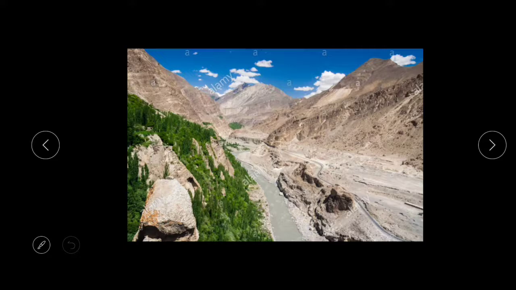The Indus River creates spectacular gorges, particularly in the place of Gilgit. Gilgit is an area here.